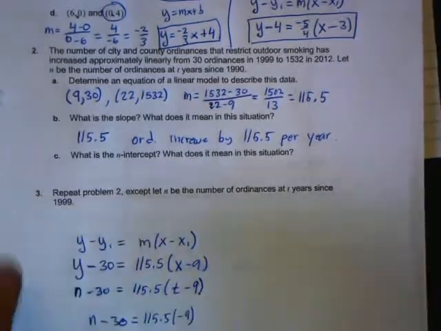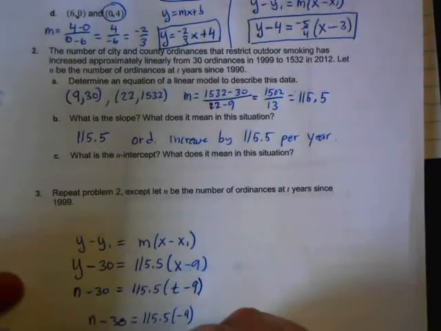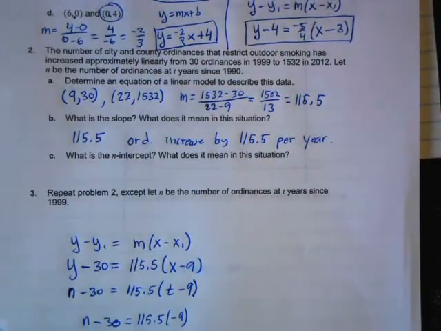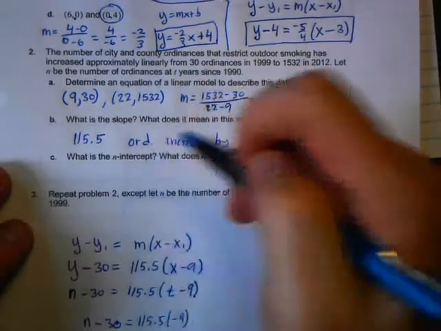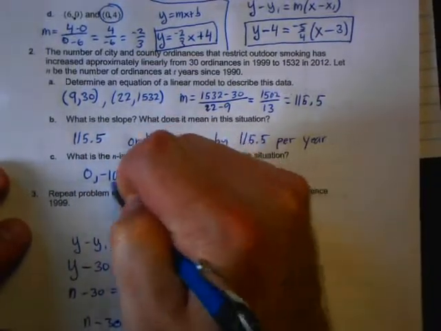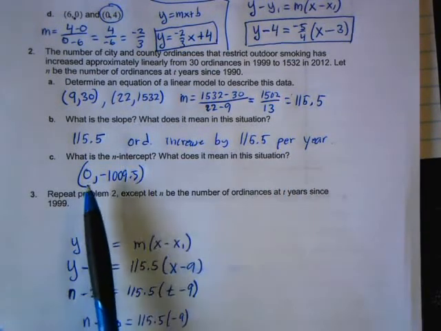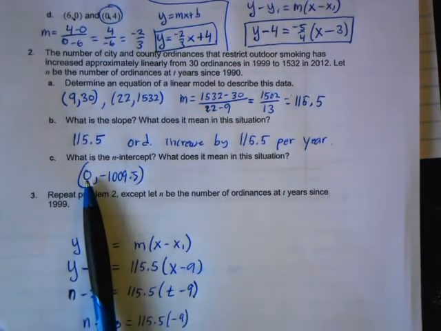So n equals, using my calculator, I get negative 1009.5. So my n-intercept would be 0, comma, negative 1009.5. And then again, what does it mean? Well, this means in year 0, when is year 0?